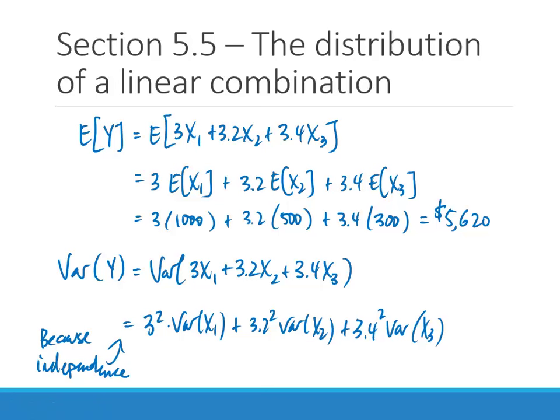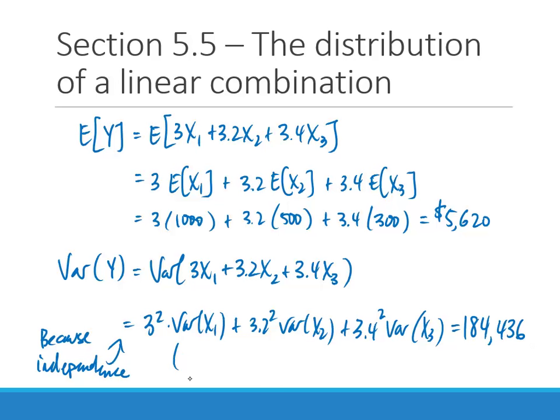And the variances, I told you the standard deviations, I guess, were 100, 80, and 50. So if you plug all those in and square them for the variances, that'll give you 184,436.